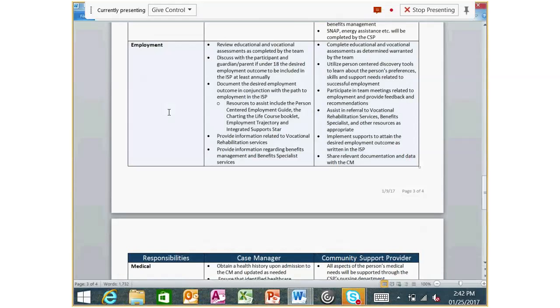So the case manager is responsible to document that desired employment outcome in conjunction with the path to employment within the ISP, and those paths to employment are outlined in the ISP if you choose the employment goal. I've also listed some resources to help case managers and teams think about the discussion that takes place around employment and what information to include in the ISP.